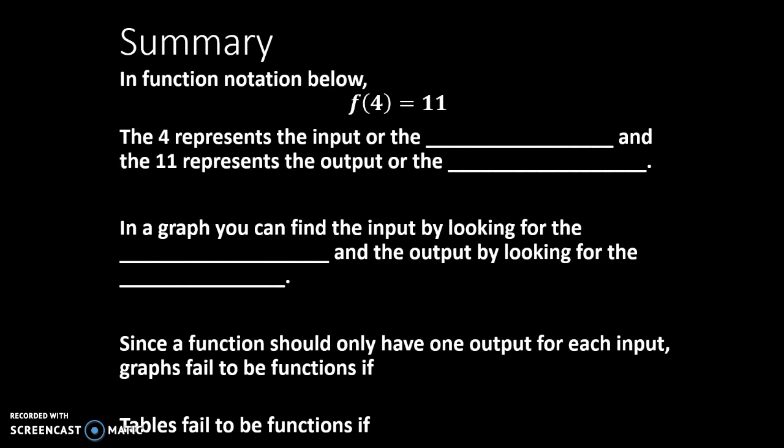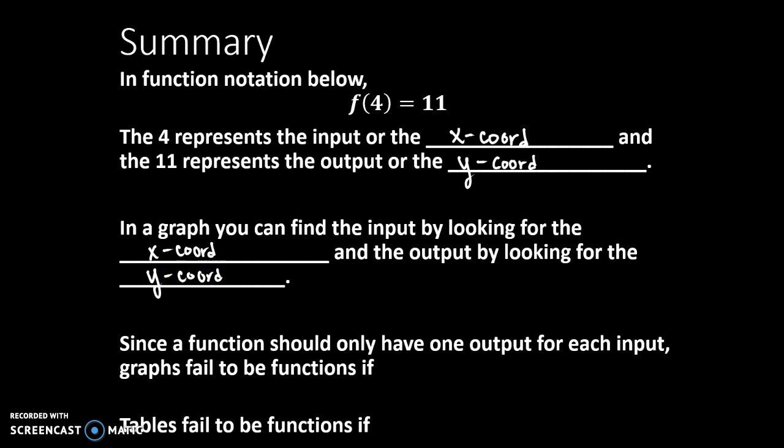Okay. So in summary, if I read f parentheses 4 equals 11, that means f of 4 is 11. The 4 is the input, or the x-coordinate, and the 11 is the output, or the y-coordinate for that function. In a graph, you can find the input by looking for the x-coordinates, and you can find the output by looking for the y-coordinates.